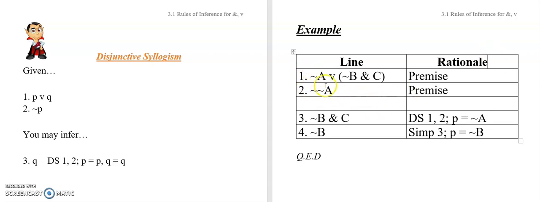Lines 1 and 2 can combine because we've got the negation of the left side of an or, as our second premise. When we apply disjunctive syllogism to lines 1 and 2, we get this part here, and the value there is the value of Q. So Q is equal to not the case that B and C. Once we've got not the case that B and C, we inspect that and realize I can apply the rule Simp to that to get not B.